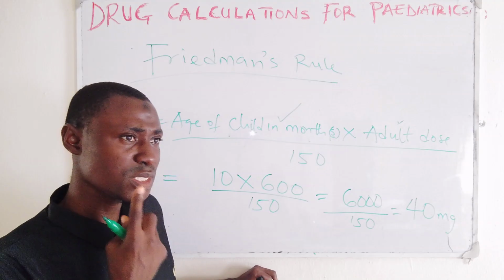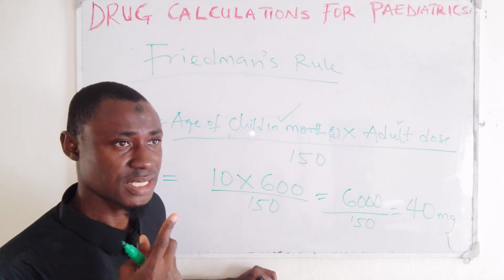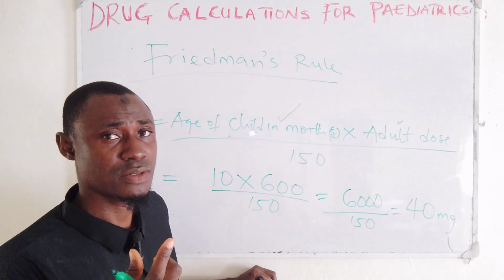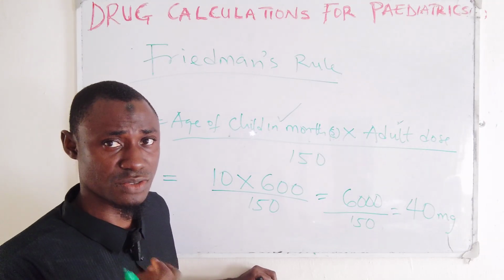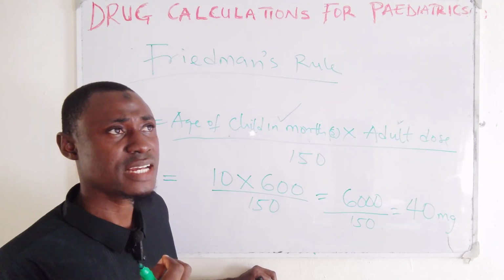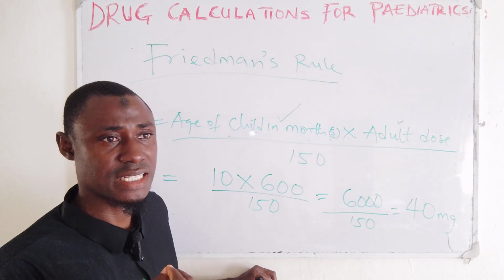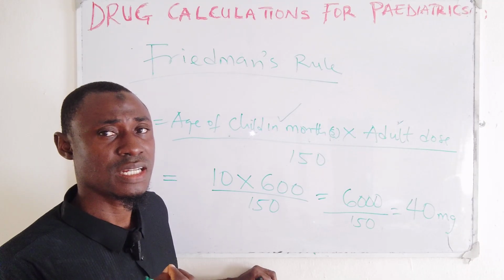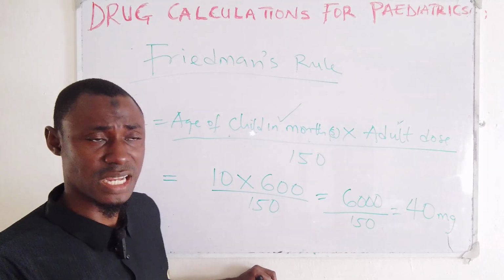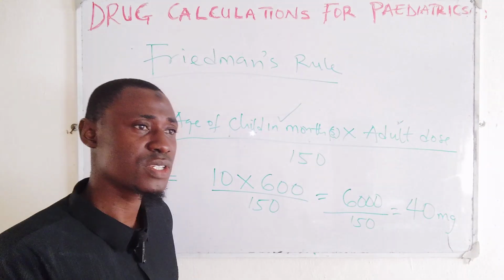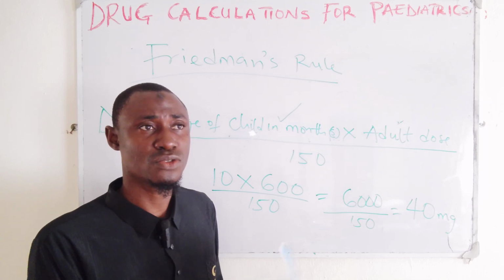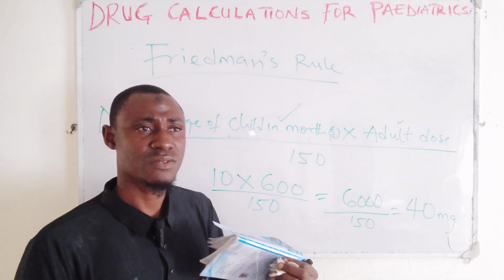Now, two things are involved. First, why people are most times not in support of its accuracy is because of these reasons. For a child that is looking very slight, very light, there is the possibility of giving an overdose. It's very possible because the dose might be so large for the child because of its body composition.